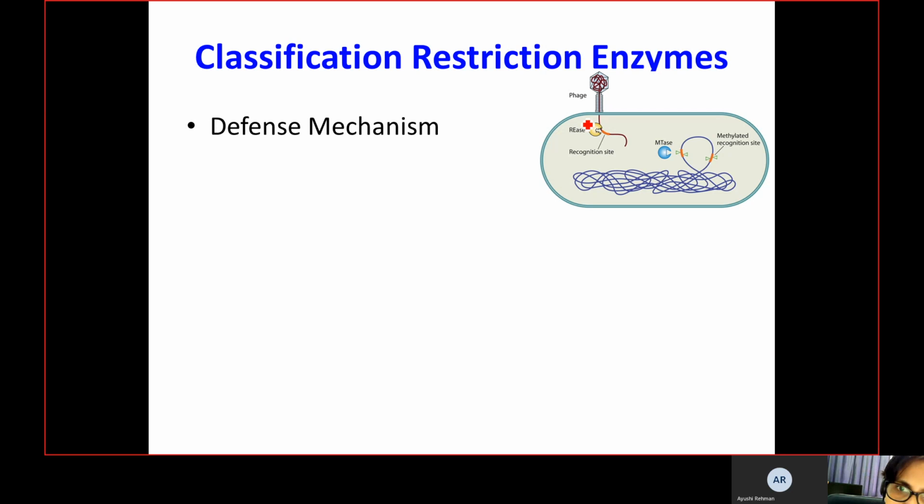So restriction enzyme chops off the foreign DNA as can be seen here. It is reasonable to ask how the bacterium's own DNA is protected. It was found that restriction enzymes of all types have cognate DNA methylase enzymes that recognize the same DNA sequences as the endonucleases.